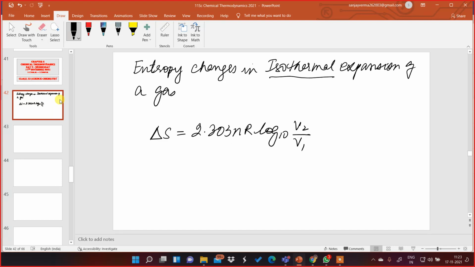It is isothermal, so the temperature will not be there. So this formula you have to remember for entropy change in isothermal expansion of a gas.